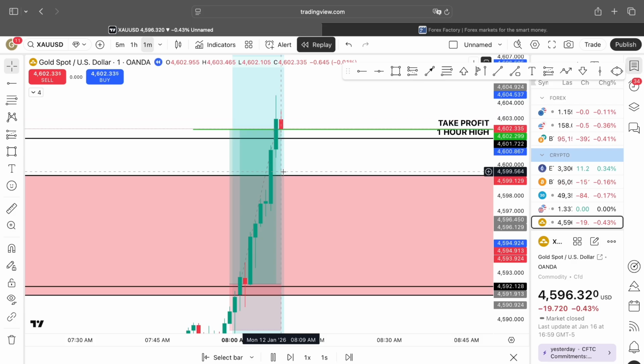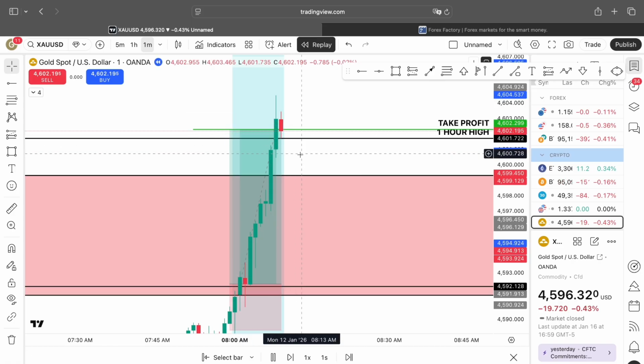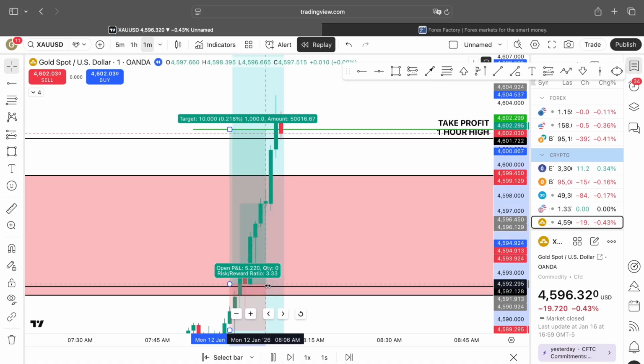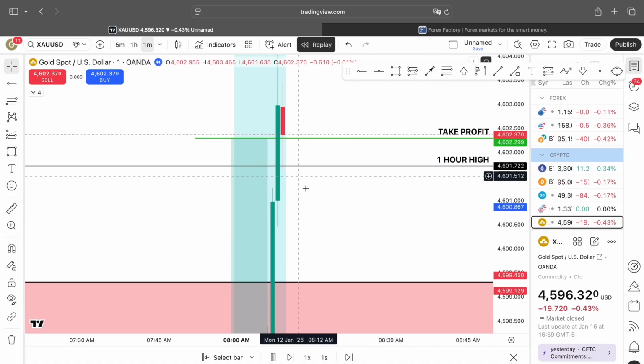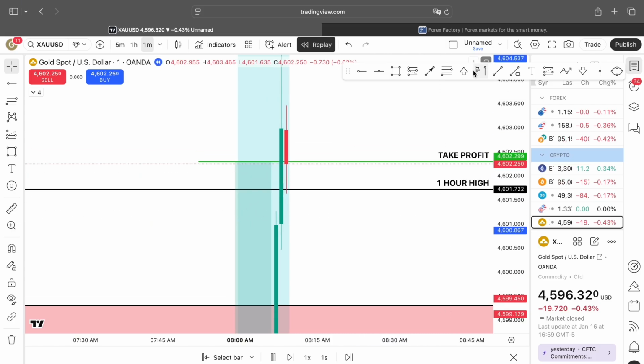All right, now we just closed above the 1 hour high, right? So here's another entry. If price retests this line, which it is doing right now, and it closes above it, that's another entry. So let's get our long position tool ready.